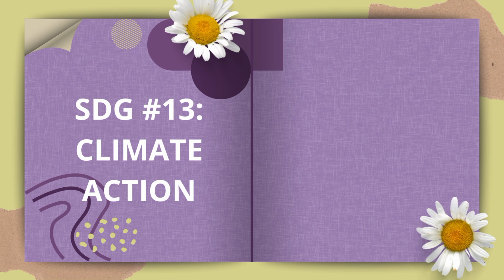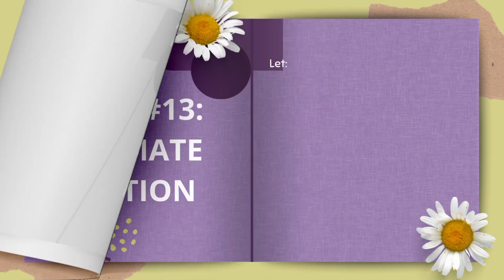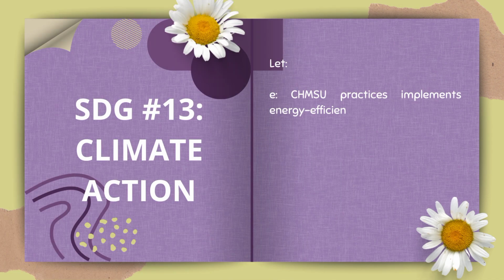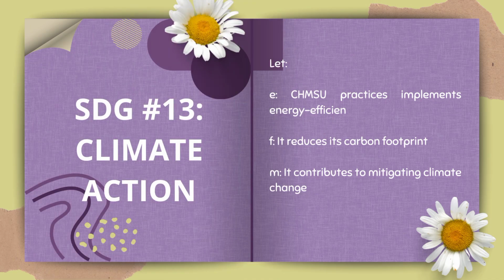The next slide has the statements composed of three variables: E, F, and M. E, CAMSU implements energy efficient practices. F, it reduces its carbon footprint. M, it contributes to mitigating climate change.